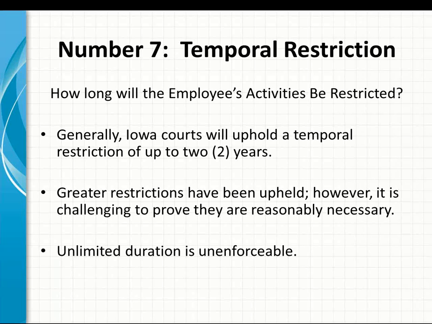By the same token, if the geographic restriction is broad, let's say it's statewide, but the duration is short, say 6 months, that may be okay because there's a good balance between those two restrictions.